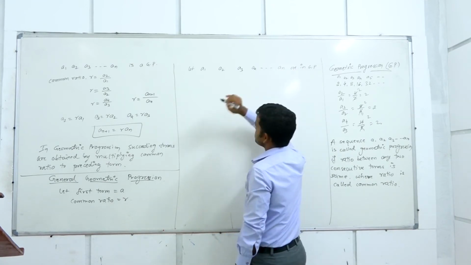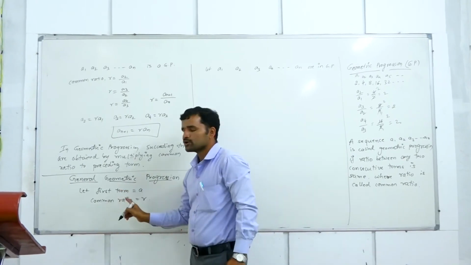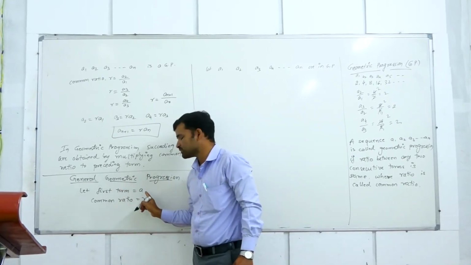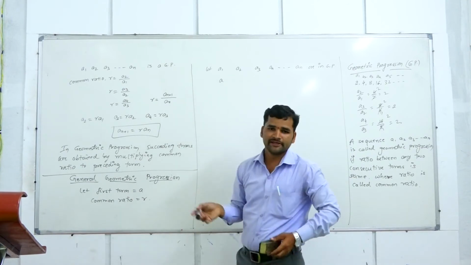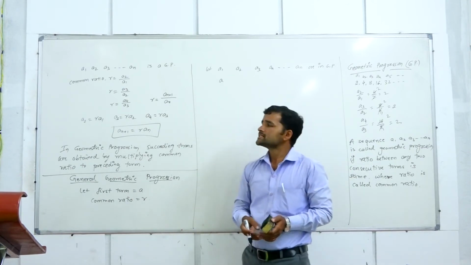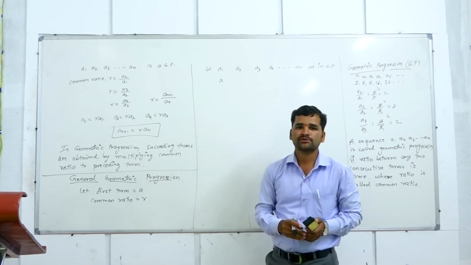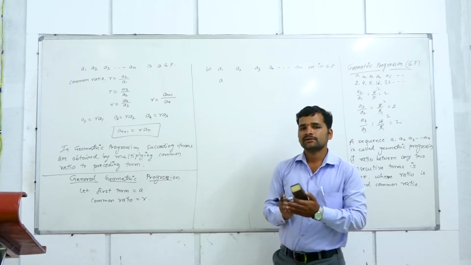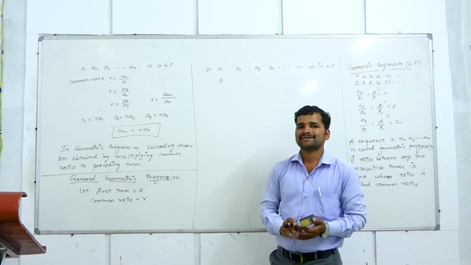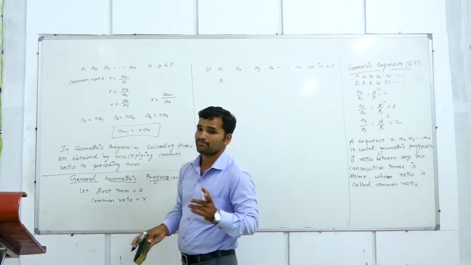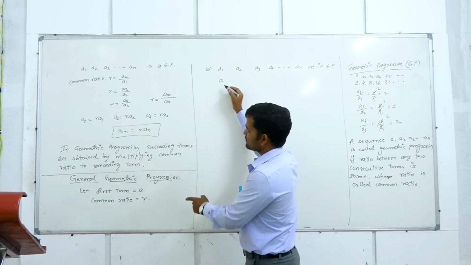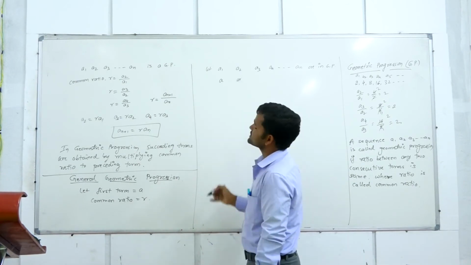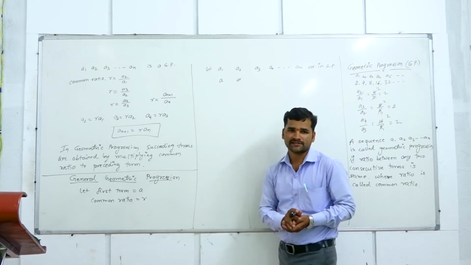Geometric progression, here first term what I have considered, first term equal to a, so first term will be a, keep it as it is. Next second term, to get a2, what I told you, second term is obtained by multiplying common ratio to the first term. Means first term, if you multiply with common ratio r, we will get the second term. Second term will be a into r.